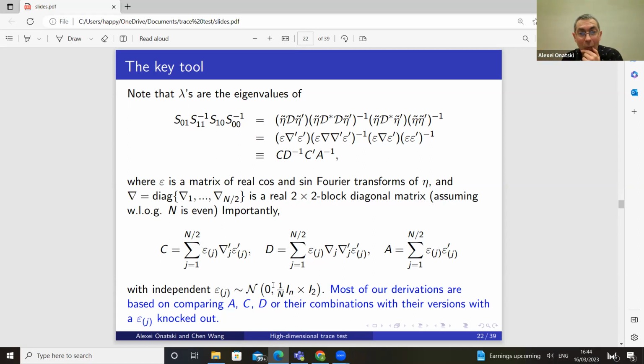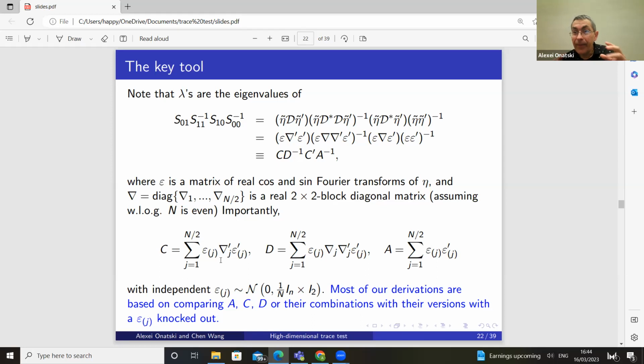And then what is being done in all these calculations? One of these epsilons is knocked out of consideration. You just cross it out, you forget about it, you put 0 instead of it. And you get new matrices, C tilde, D tilde, and A tilde. And compare them to the previous, full matrices C, D, and A. And this comparison is made using some matrix algebra.